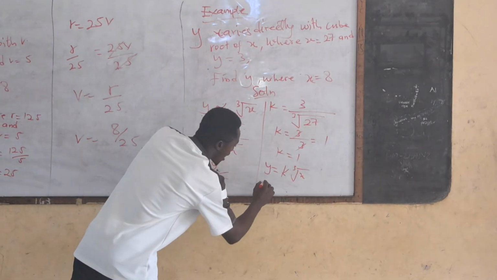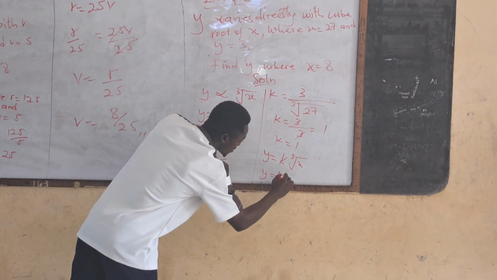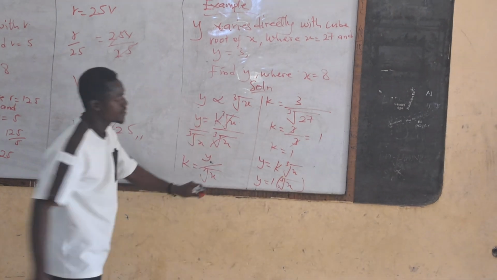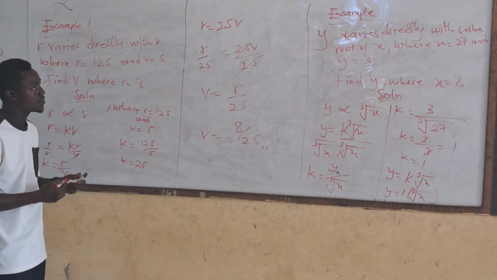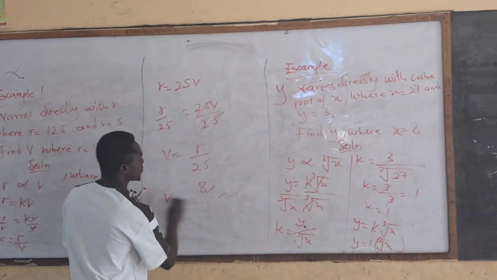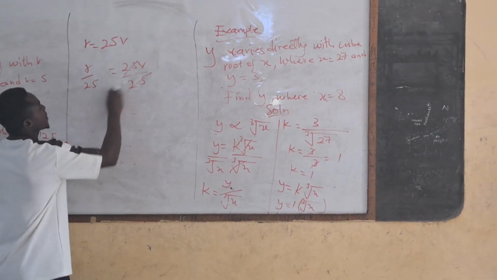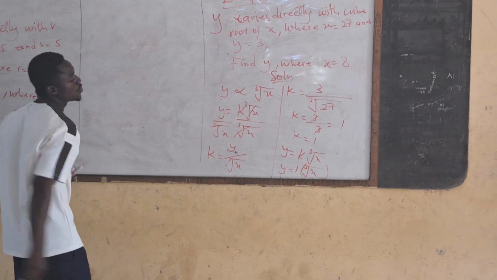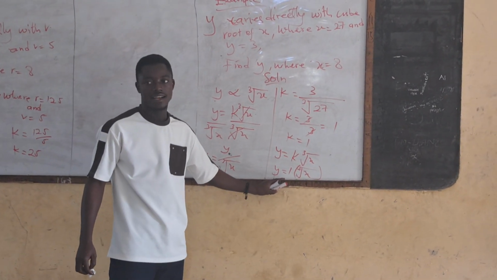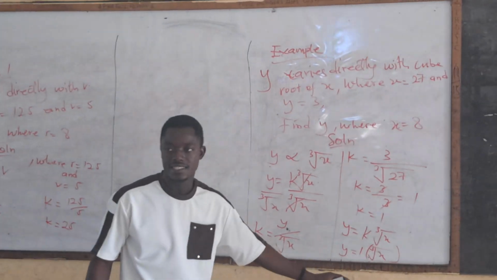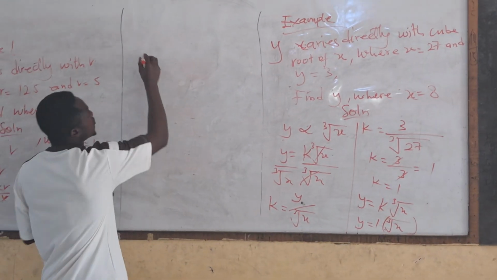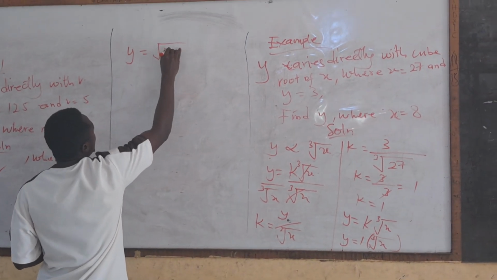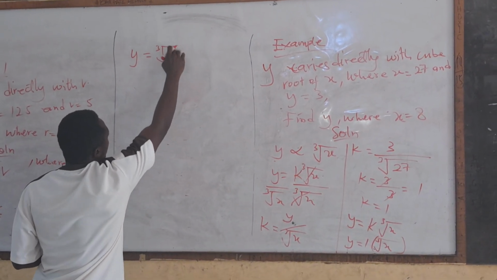So we now have y equals 1 multiplied by the cube root of x. And as you know, 1 multiplied by any number or any value is still the same. So we therefore have y equals the cube root of x. That's what we have here.